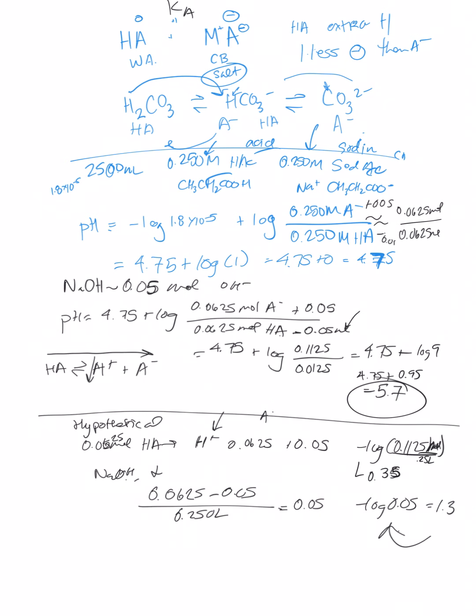But when you have a buffer, you have either a weak acid or a weak base, you now have to contend with the balance between the acid and the conjugate base. And because you are shifting around and you always have to look at the ratio, any H plus you add, any OH minus you add is going to be mopped up and the overall effect will be smaller.